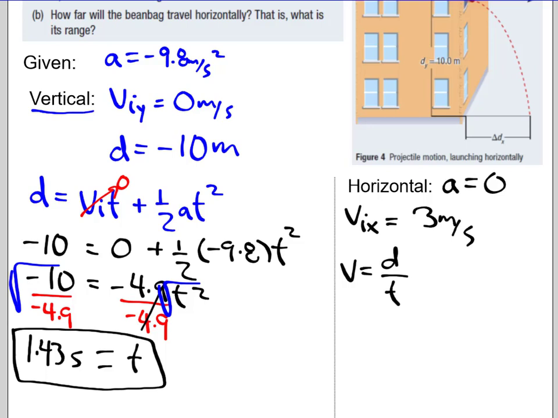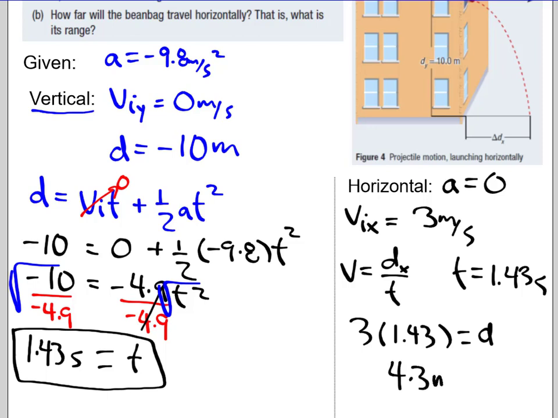We know v, and we're trying to find dx, the displacement in the x direction, so we need a t value, and that's where we can go back to the vertical knowledge and pull in the t value of 1.43 seconds. We put those together, 3 times 1.43 equals d, and we get about 4.3 meters as my displacement. We didn't define a direction, so we could say to the right or out the window, to the right, and that would be the range.